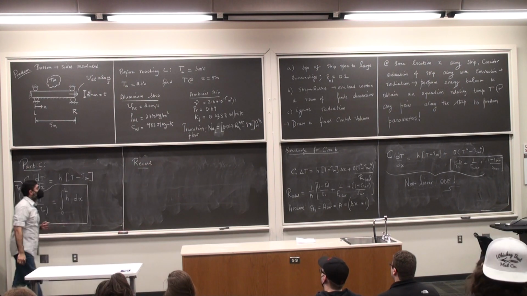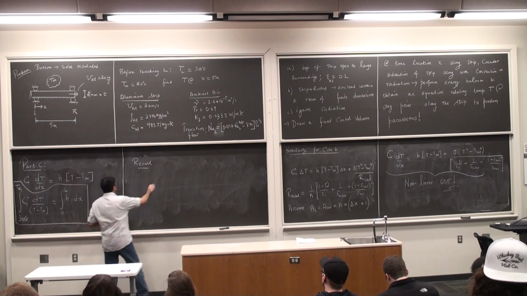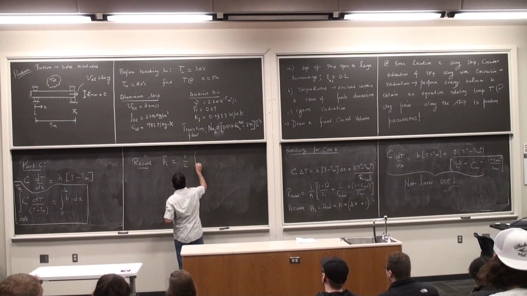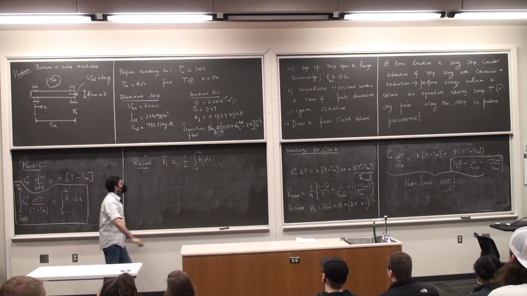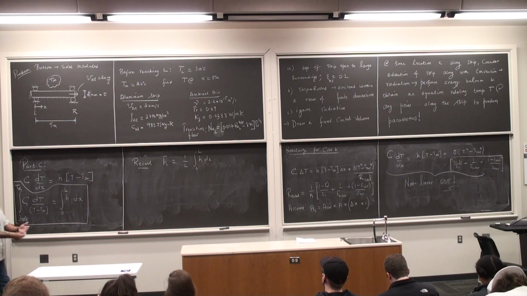Recall first of all that h bar, which is the bulk heat transfer coefficient. This is the bulk heat transfer coefficient, h is the local heat transfer coefficient.